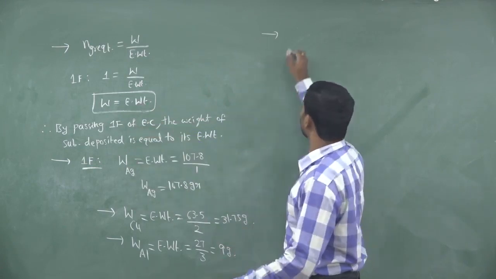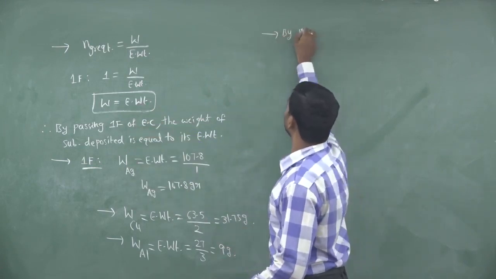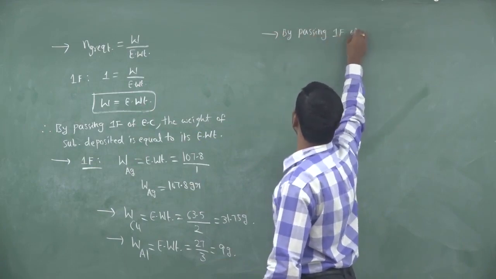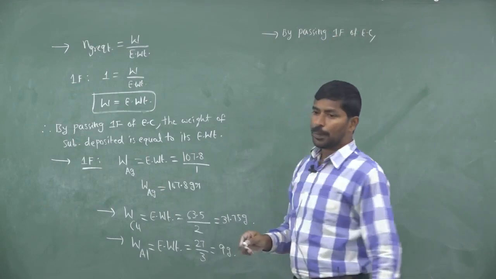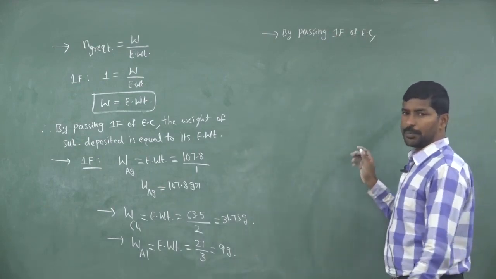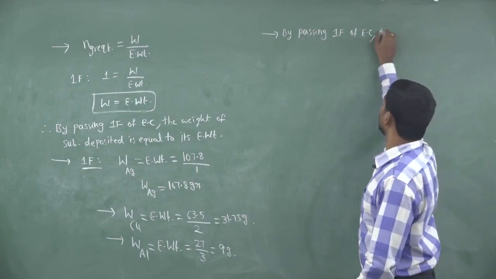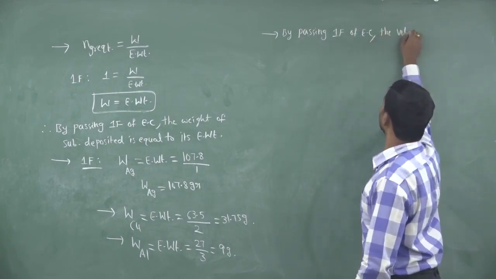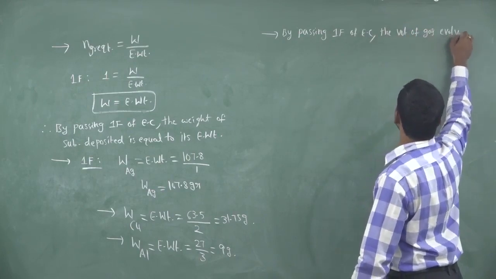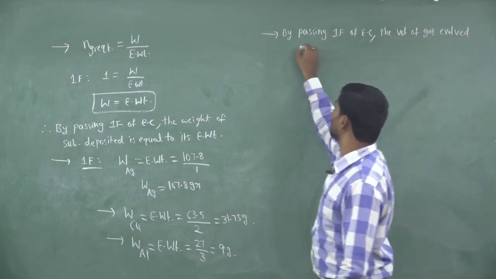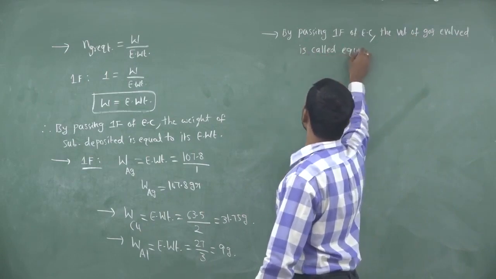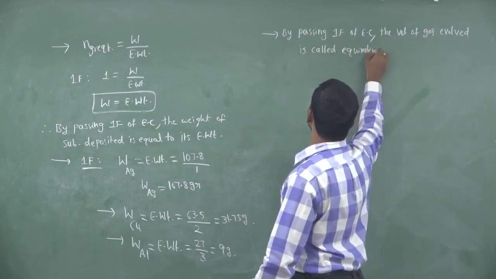And next point: by passing 1 Faraday of electric current, the volume of gas evolved is called equivalent volume.